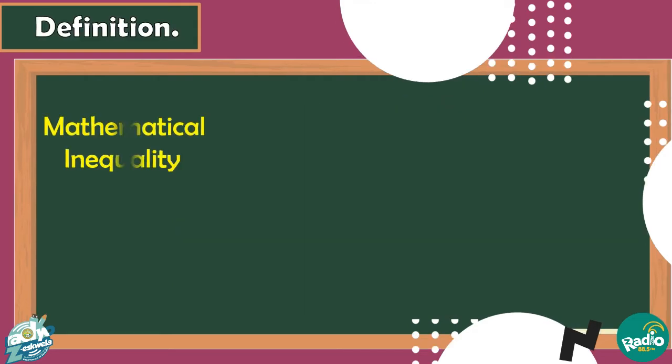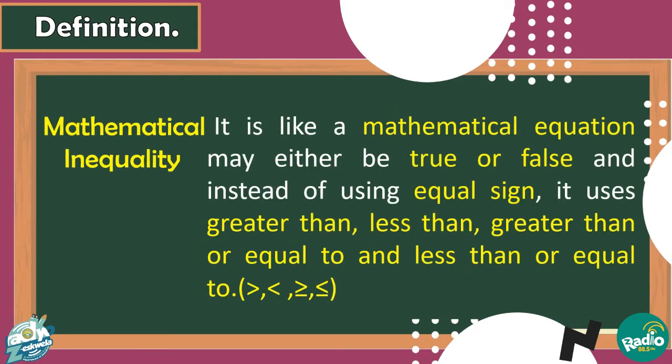As defined, a mathematical inequality is like a mathematical equation, may either be true or false, and instead of using the equal sign, it uses greater than, lesser than, greater than or equal to, and lesser than or equal to.